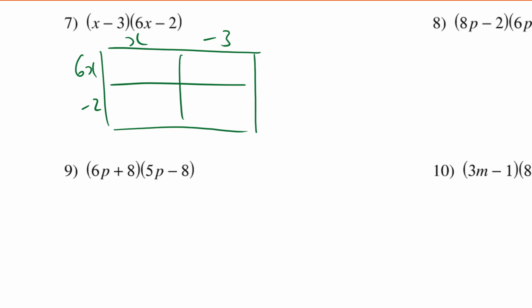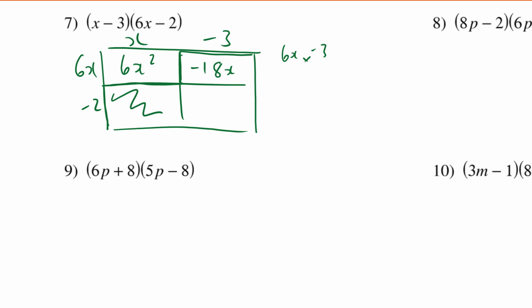6x squared. Perfect, yep. What's this one just here? This length is 6x, that length is negative 3. So just 3x? No, because it's 6x times negative 3, negative 18x, yep. Okay, so this length down here, which is x, that's negative 2.